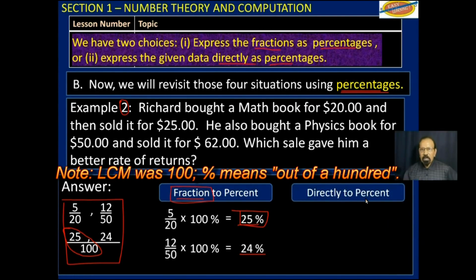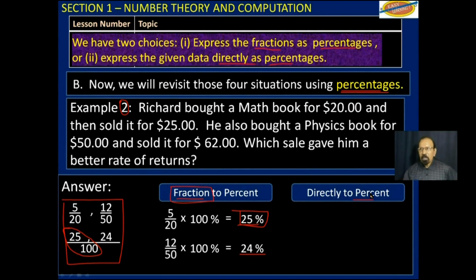That is, if you carry the fraction to percent, but you don't have to do that. You could carry the numbers you are given directly to percent. So you multiply 5, that's the profit on the math book, by 100%, and this 100% always stays as that, always 100%. Divide by 20, and you will get back 25%.